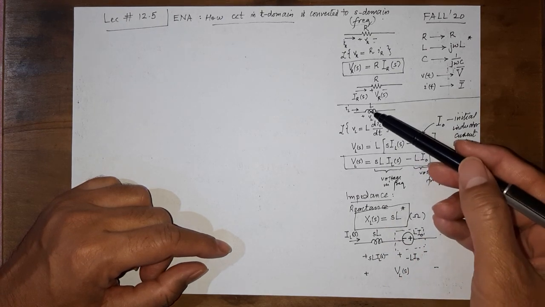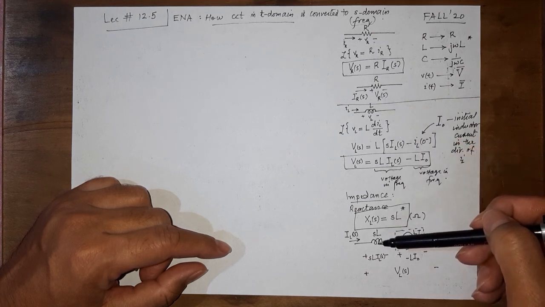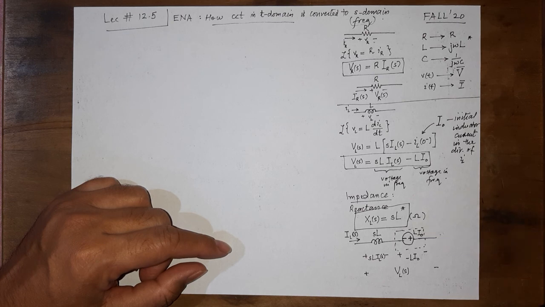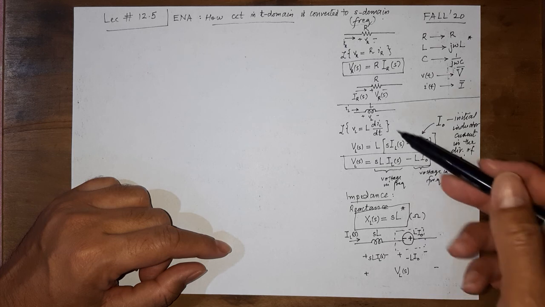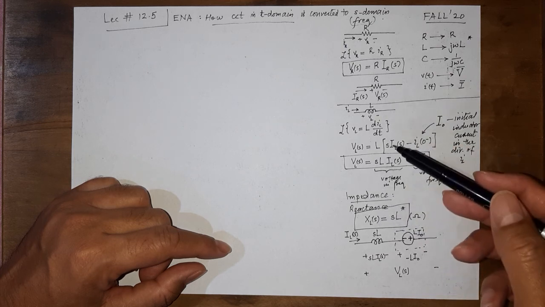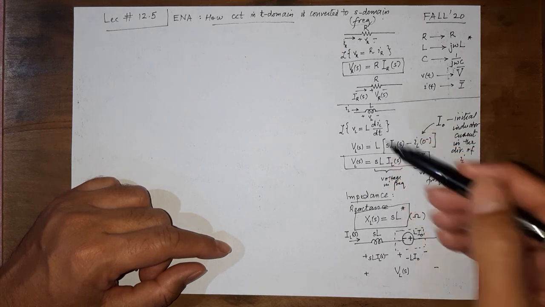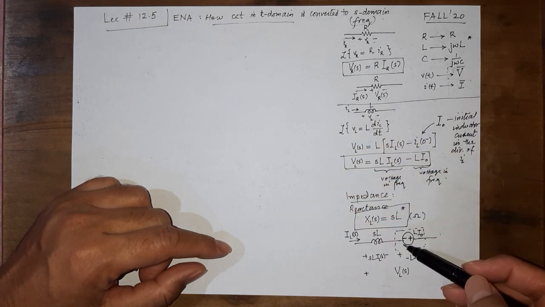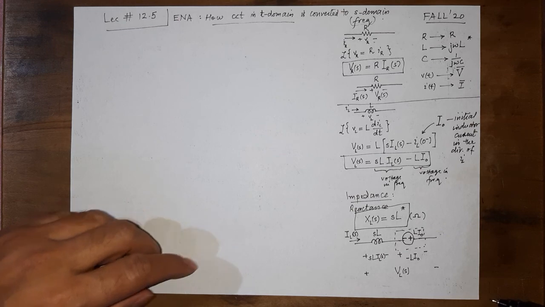So an inductor with some initial current converts to the equivalent impedance with a voltage source in series. This is very important to try to understand. We are not going to do this procedure again and again. We just know this result. So when we encounter an inductor, we replace it by this. That's very important.